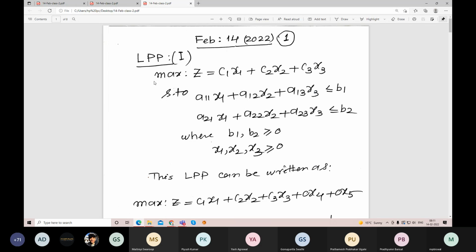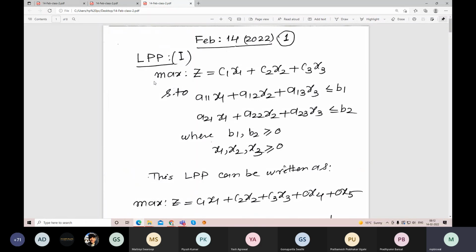Okay, and what assumption here? The right hand side parameters B1, B2. Generally, in a linear programming problem, these are managerial decision making problems. These B1, B2 are the resource levels. So resource levels are either 0 or some positive value. It cannot be negative.